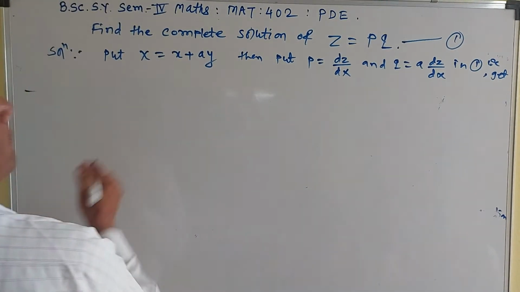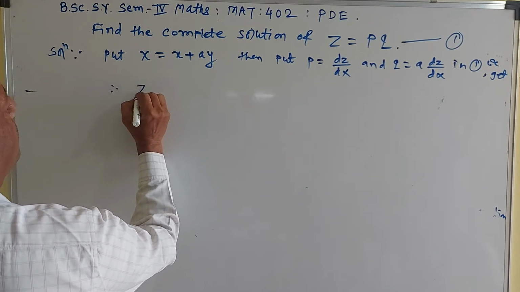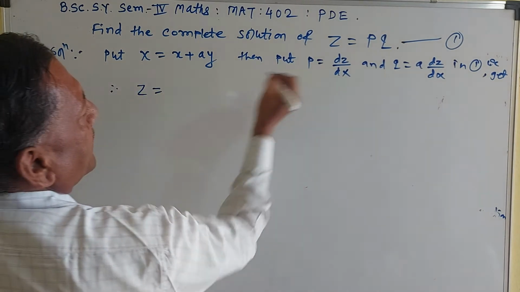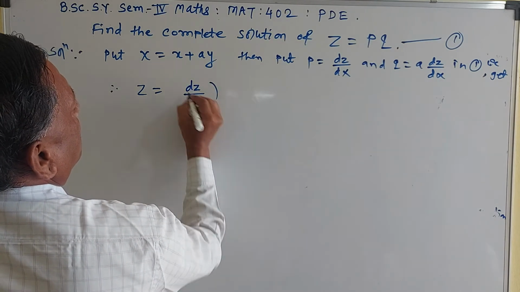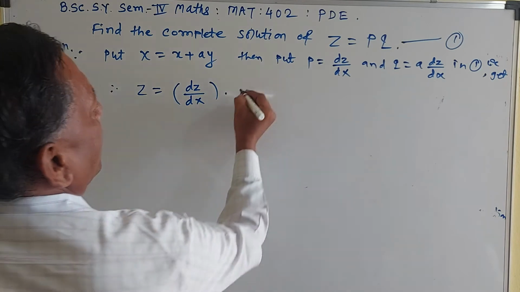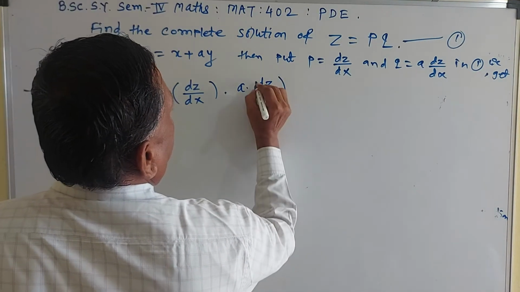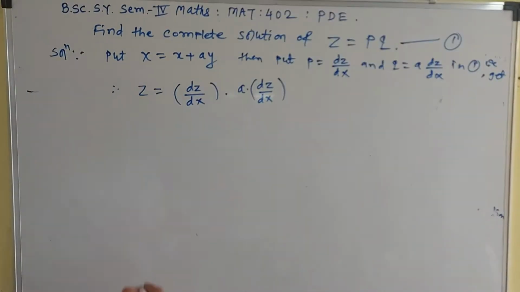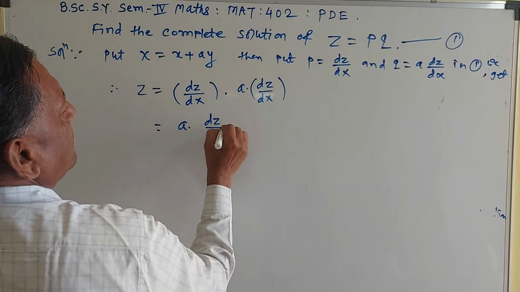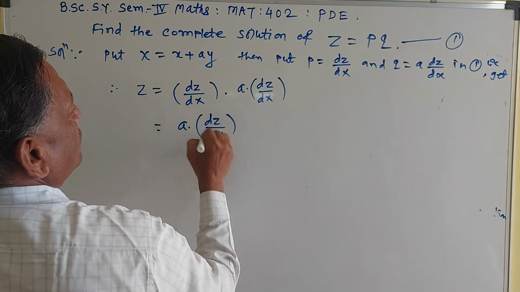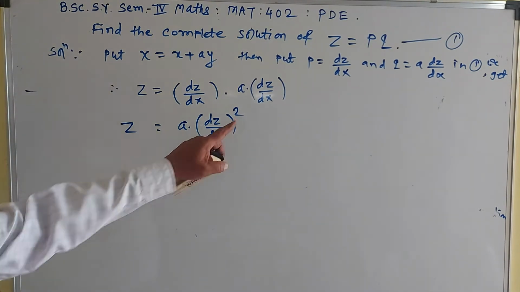Therefore 1 becomes z is equal to p, what is p? p is dz by dX, into q, what is q? a into dz by dX. Or this can be written as a into (dz by dX) whole squared. Therefore z is equal to this.